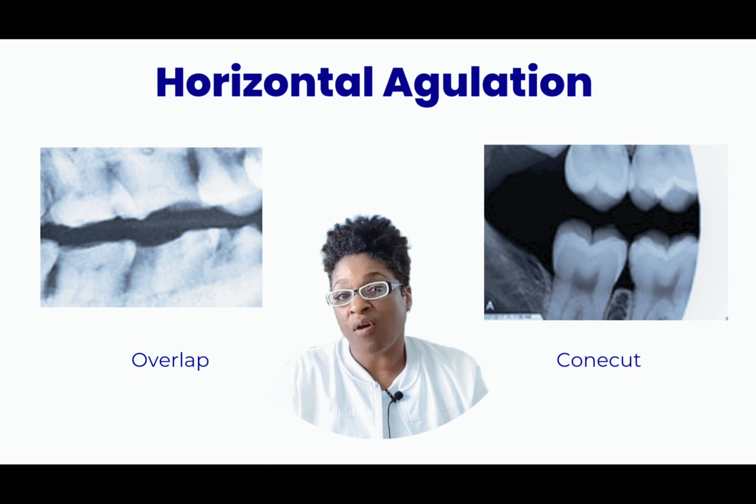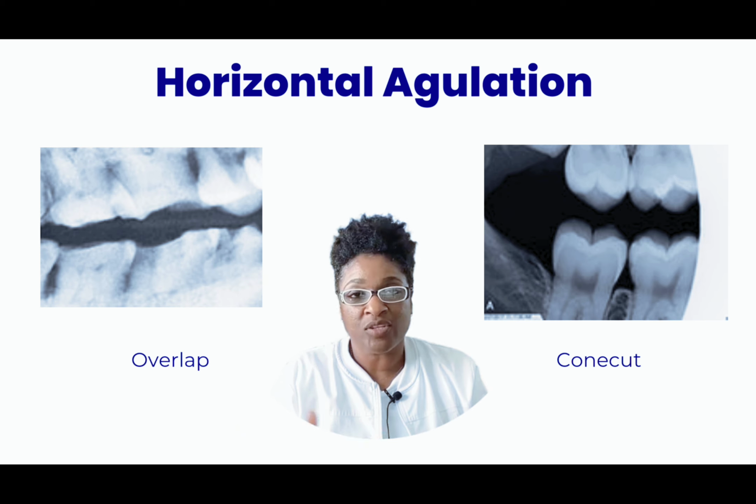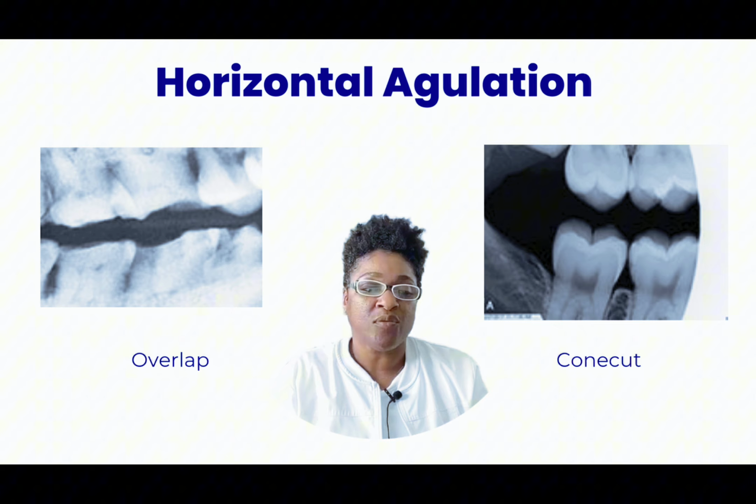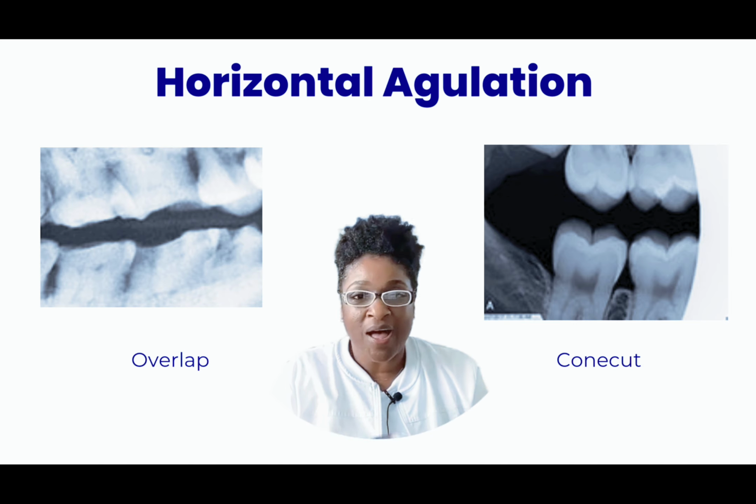How do you avoid overlap? Well, the way you avoid overlap is by making sure that your central ray, which again, I'm getting a little more technical than I want to in this video, but if you were to imagine the PID, and then in the very center of the PID circle is an imaginary X-ray that is coming right out of that center.